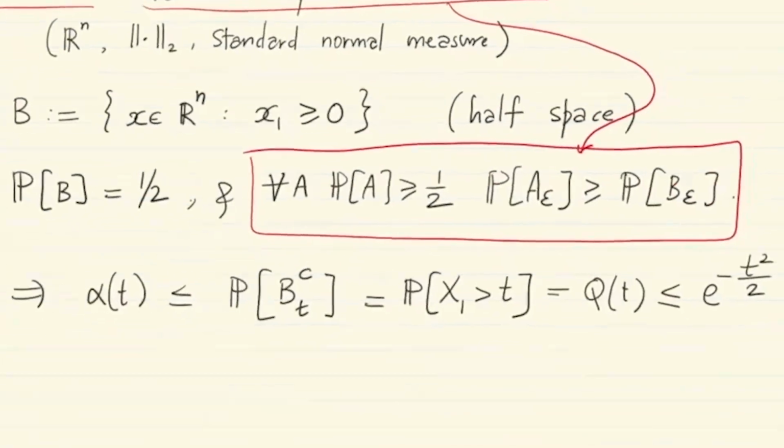So it's possible to bound alpha of t by the probability of B complement just by virtue of using this very powerful Gaussian isoperimetric theorem. And as we know, bounds on alpha of t can easily translate to bounds on the concentration of Lipschitz functions about their medians. So in this lecture we have seen how very strong or exact isoperimetry results help us to bound the concentration function alpha of t.